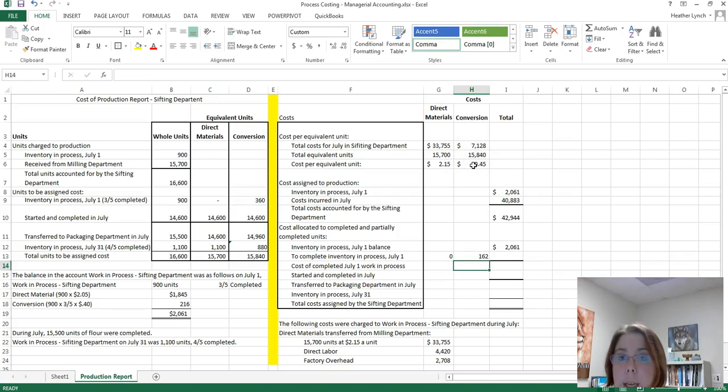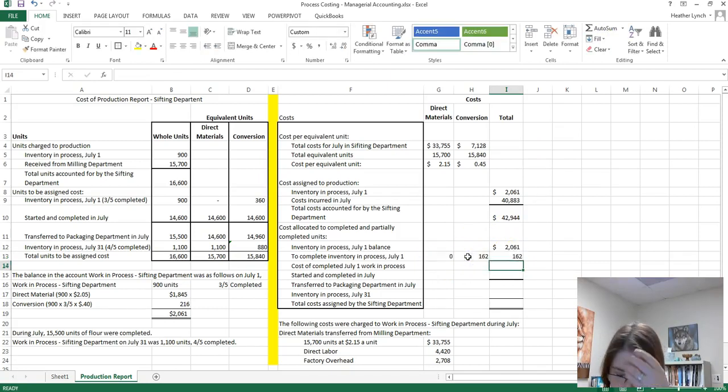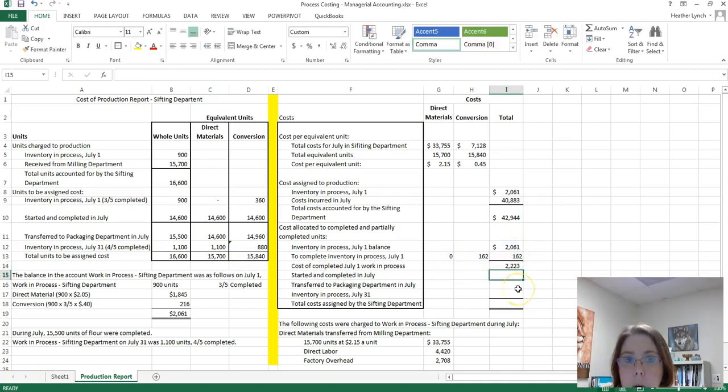That's why we had to find the cost per unit. Okay, so we add the 0 plus the 162, so we get 162. Our cost to complete July 1st are the 2061 and the 162.